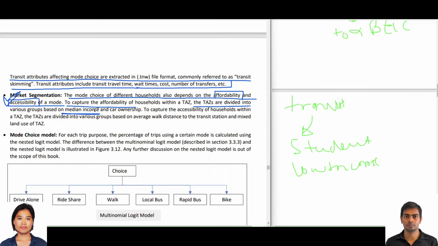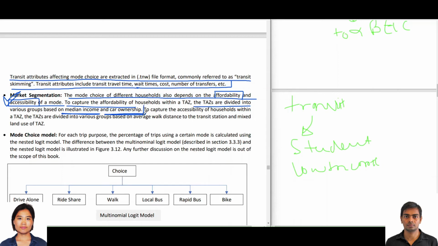So the first factor that affects the mode choice is definitely the median income. And then the car ownership, whether the person or household owns a car or not. If the household does not have any car or fewer cars than number of people, then there are chances that the household will take the transit system.